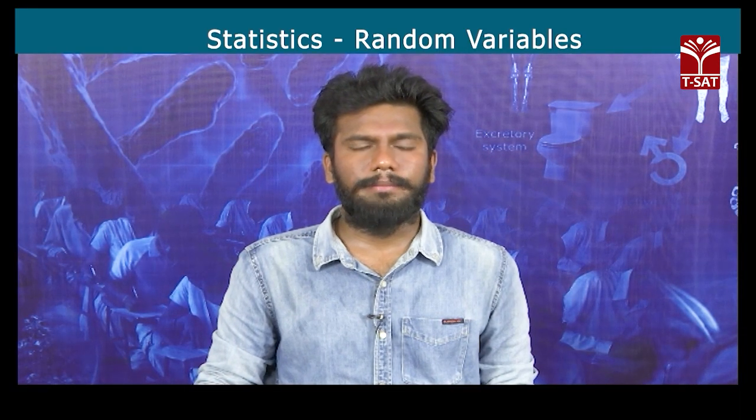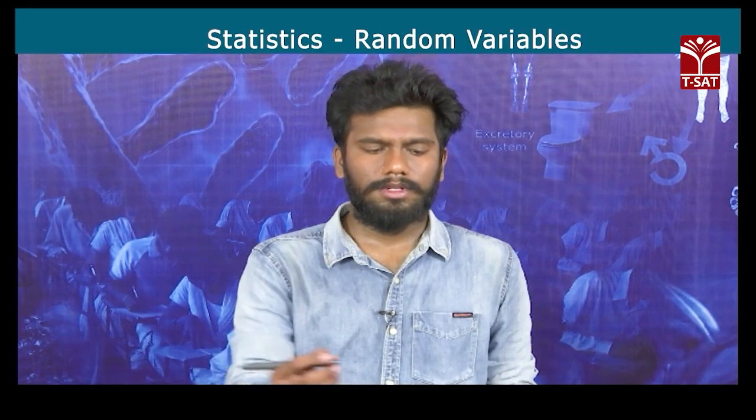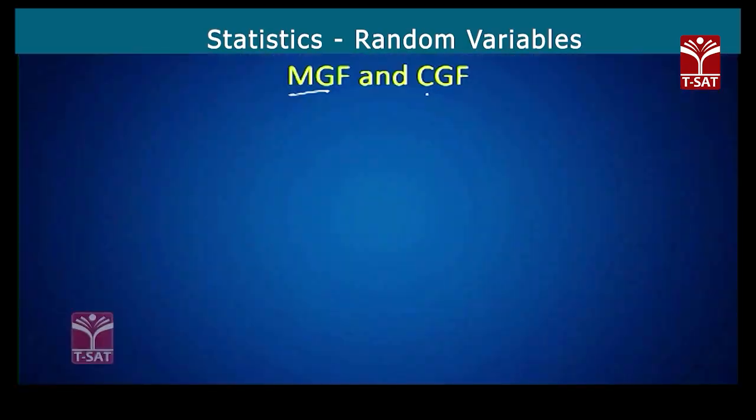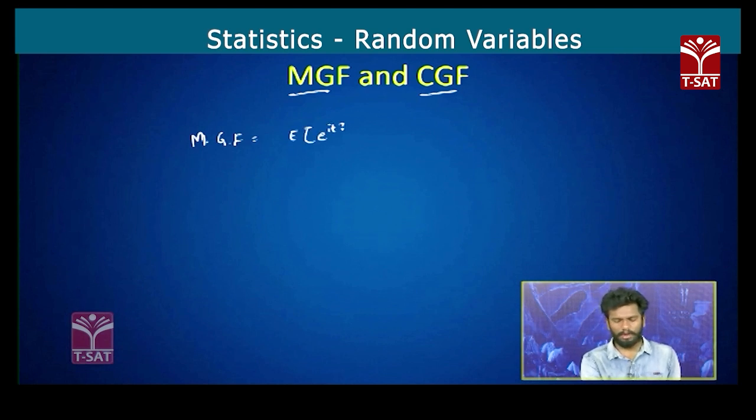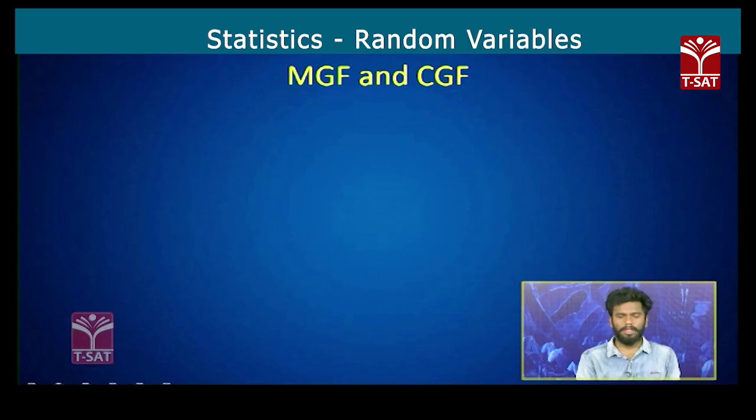Now we'll see the applications of the mathematical expectations: the moment generating function and the cumulant generating function. The moment generating function is given by expectation of e power tx. So the moment generating function and the cumulant generating function are the applications of the mathematical expectations.